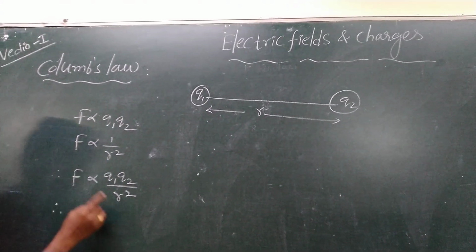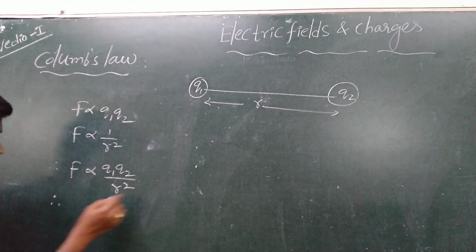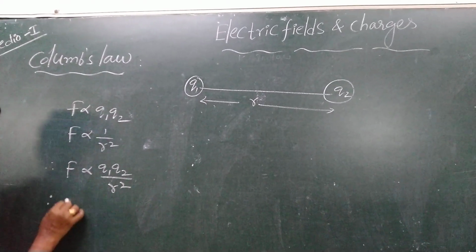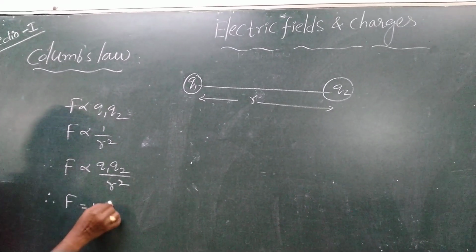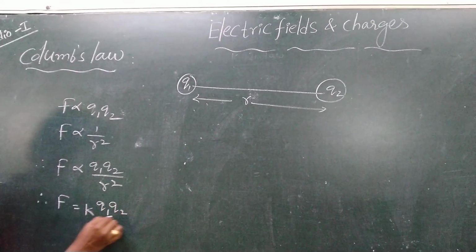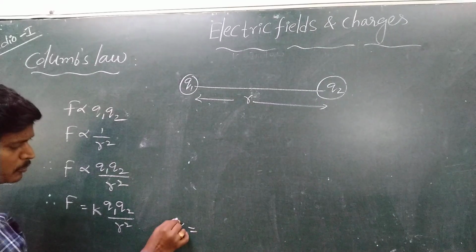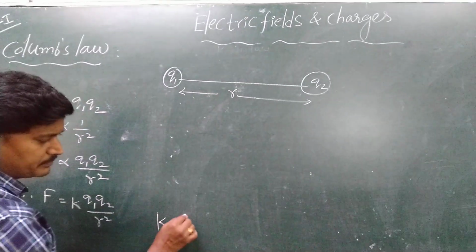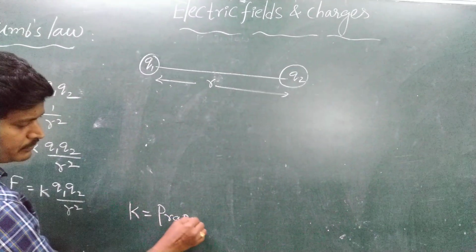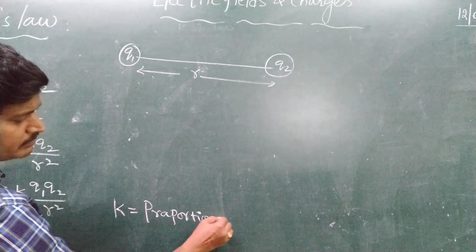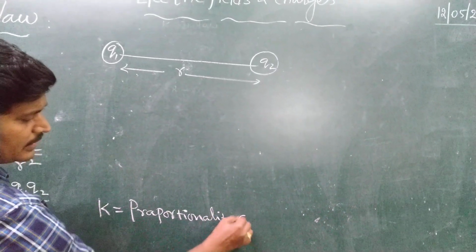Here, when we remove the proportionality and get a constant, that is K, F is equal to K into Q1 Q2 by R square, where K is the proportionality constant.